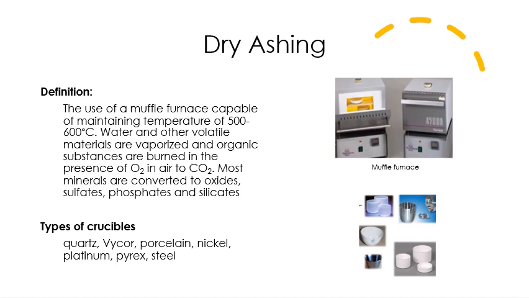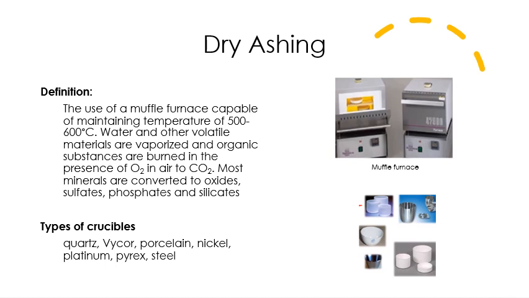At this temperature, the water and other volatile materials are vaporized, and all the organic matter is burned in the presence of oxygen in the air into carbon dioxide. Most minerals are converted to oxides, sulfates, phosphates, and silicates.